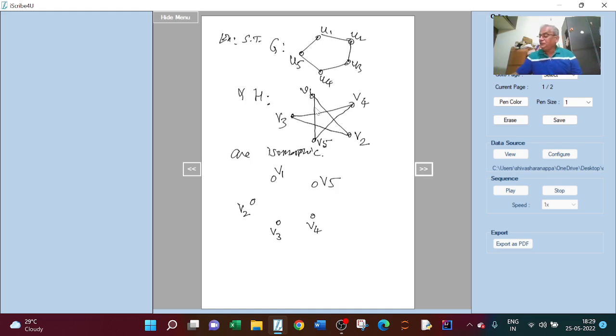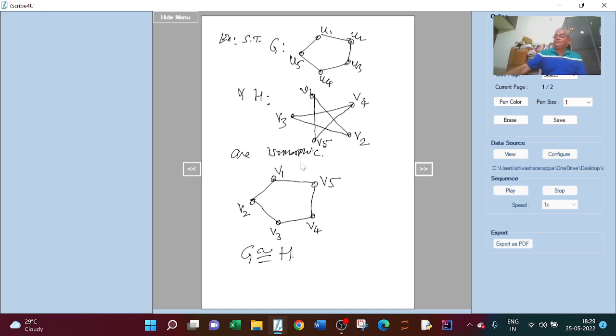See here, V1, V2, V3, V4, V5, V1. These two graphs are the same. This is G and this is H, and this graph can be drawn like this. Therefore, in this case G is isomorphic to H.